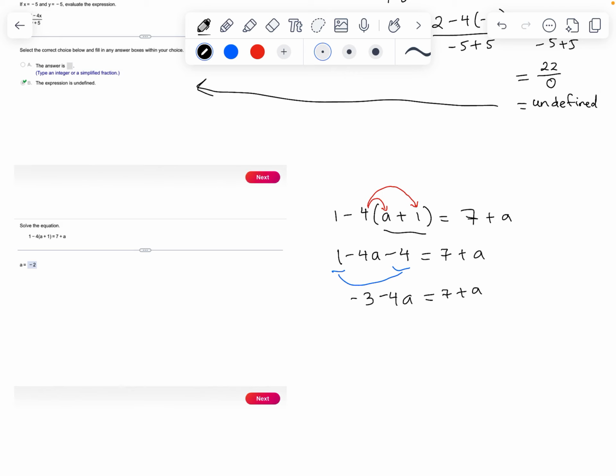So then we have to put the a's on one side and the constants, or just the numbers, on the other side. Right? So then I'll do minus a over here, minus a over there. Okay, negative 3, negative 4a, negative 1a will yield negative 5a. So to understand that, it's like you owe 4 bananas and then you owe again 1 more banana.